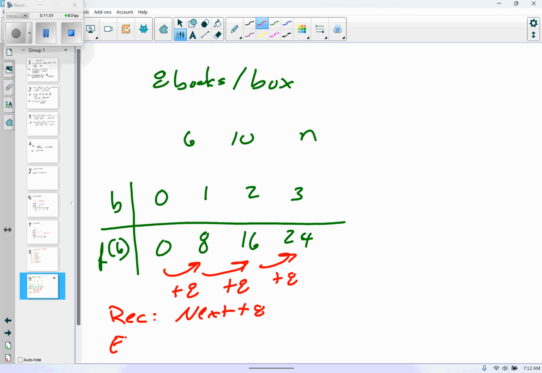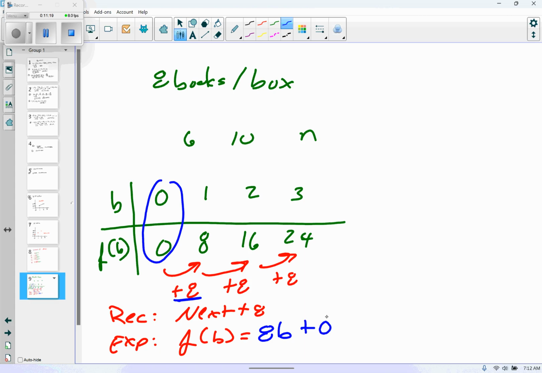And our explicit equation, we're going to say F at B is equal to, we do have this 0 term here, which is great. So we can say that our common difference is 8, so 8B plus 0. We can do that. And if we take a look at our graph, on day 0, we have 0, 0. On day 1, we have 8 books.